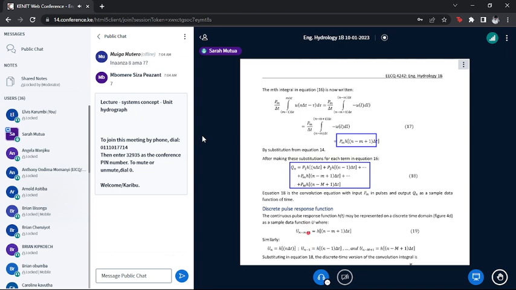So the U of n minus m plus 1 can be given generally as h of (n minus m plus 1) dt. And this equation comes from formula 12 of the pulse response function.